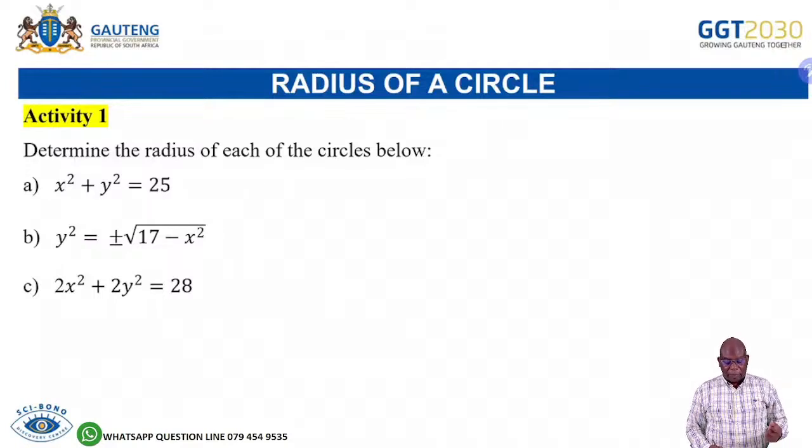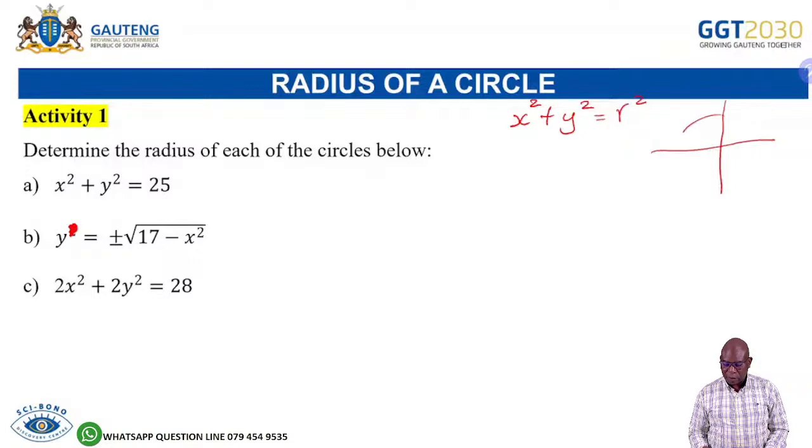The other one will be y equals plus or minus the square root of 17 minus x squared. So the other way of writing it will be y equals minus the square root of 17 minus x squared, or y equals positive the square root of 17 minus x squared. So we've got 3 ways of doing that. If I've got x squared plus y squared equals r squared, that will be a full circle.